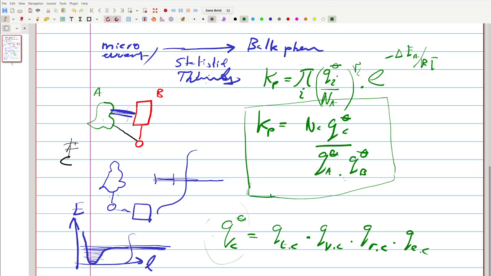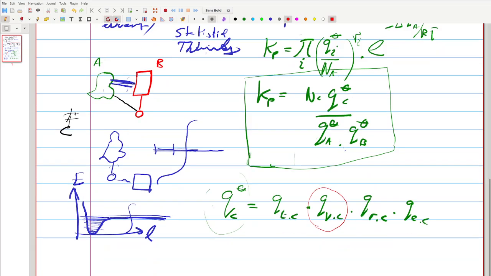And what we are saying is that the vibration is the only one that changes, right? So we take that out and consider all of the others to be constant.